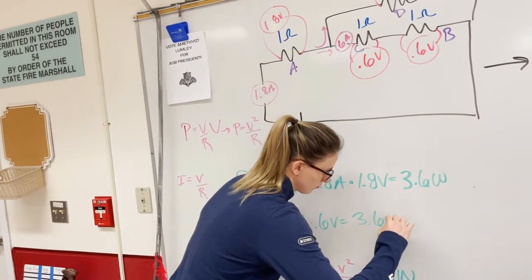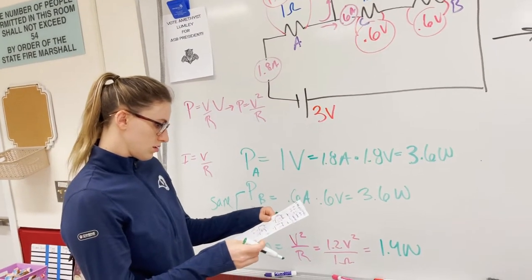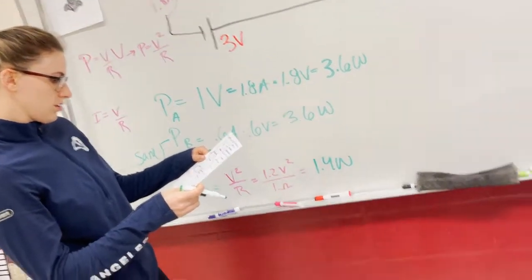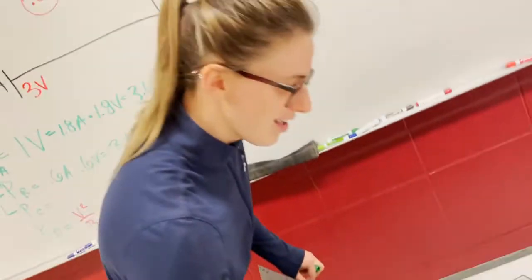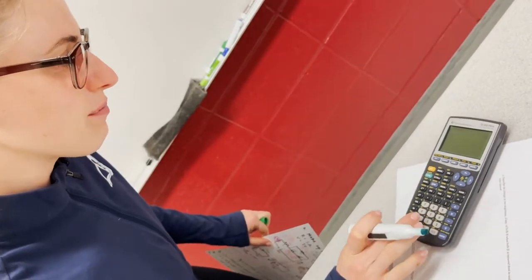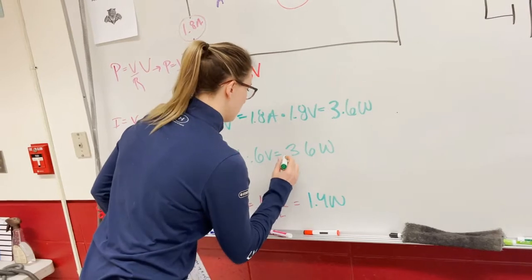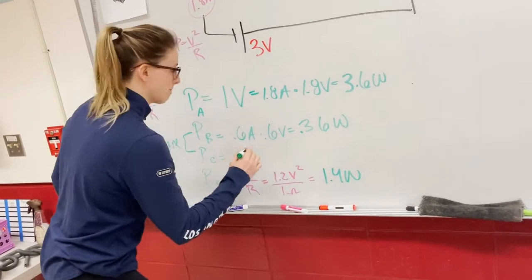That's not going to be 0.036. 0.6 times 0.6 is 0.36. And the other one's going to be 0.36 as well.